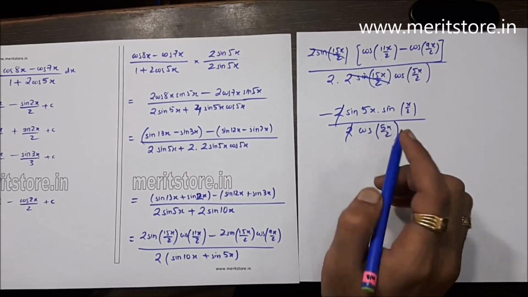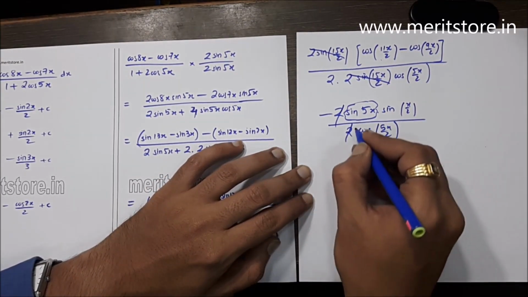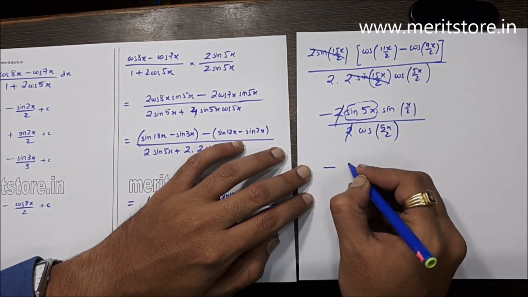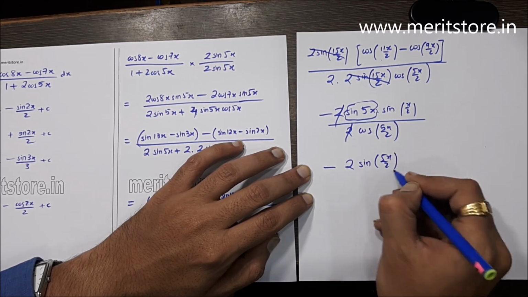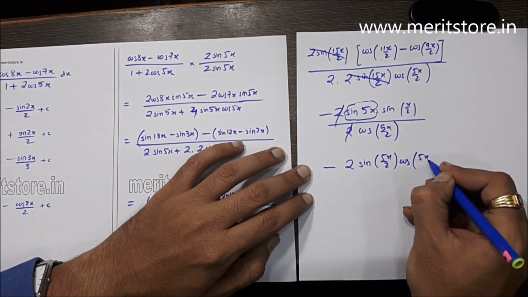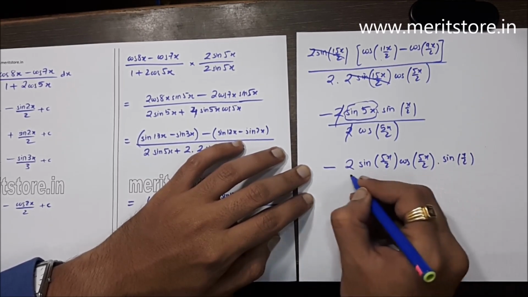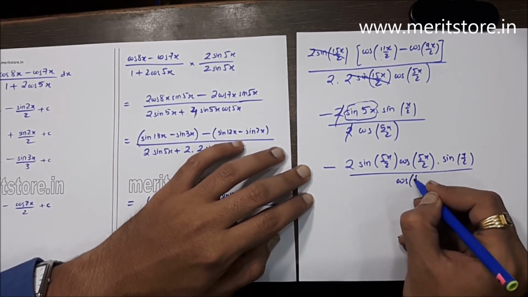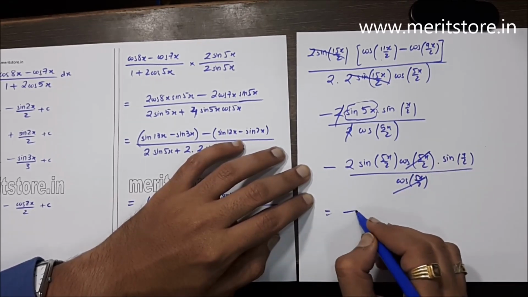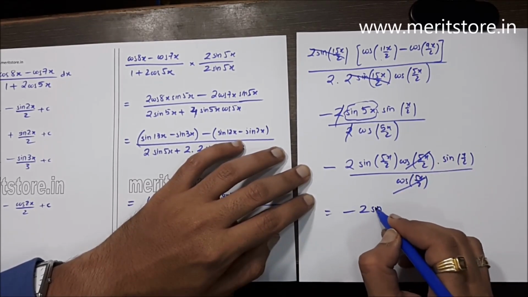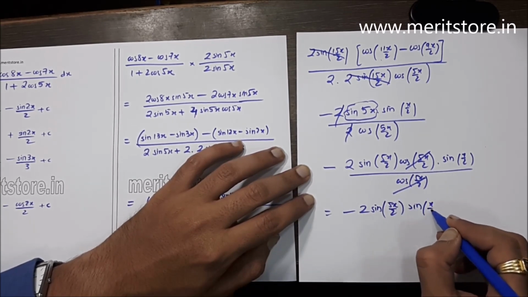Coming to this cos 5x by 2, I am applying the half angle formula on this sine 5x. I'll get it as minus 2 sine 5x by 2 cos 5x by 2 into sine x by 2, the whole division by cos of 5x by 2. I'm left with minus 2 sine 5x by 2 sine x by 2.